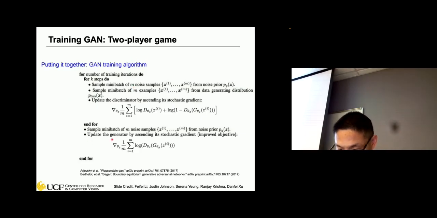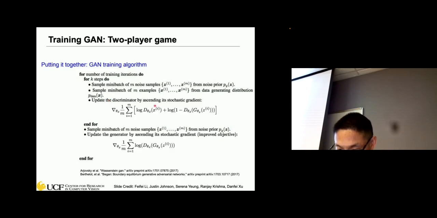So this is basically a pseudocode for how you can do the GAN training. We can specify a number of training iterations. For each iteration, we first sample a mini batch of m noise samples. We can also sample a mini batch of the real images, to form the p_data, which is the real training data.